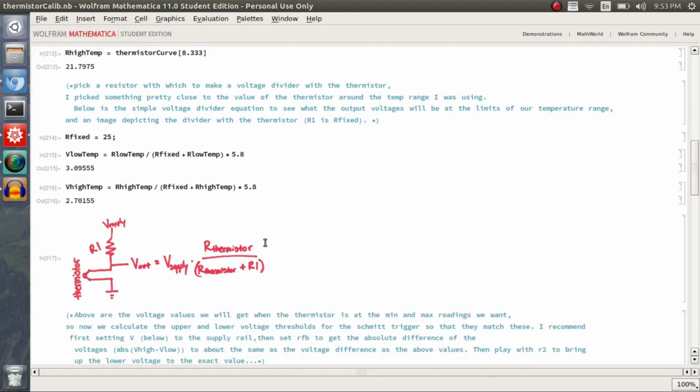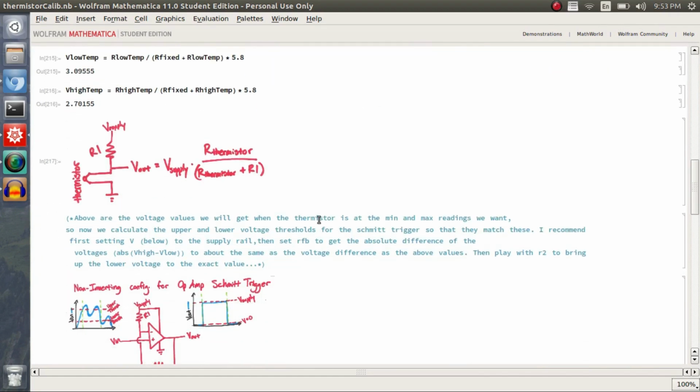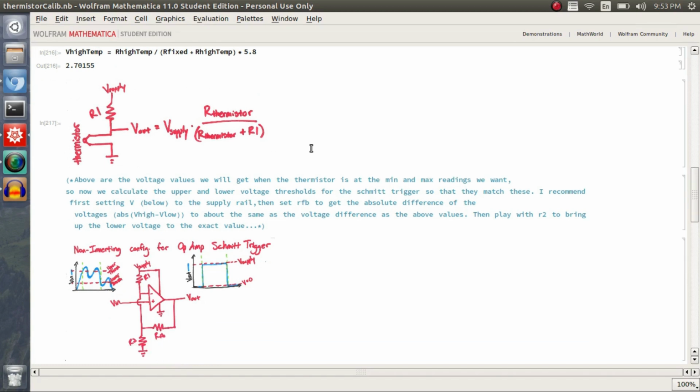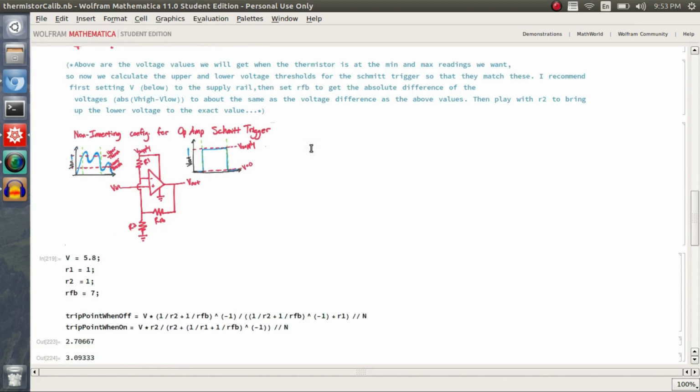So now we have the voltages that our divider is going to put out at the low end and at the high end of the temperature reading. So now what we want is a circuit that is going to trigger on once we cross those thresholds, once we cross those temperatures.